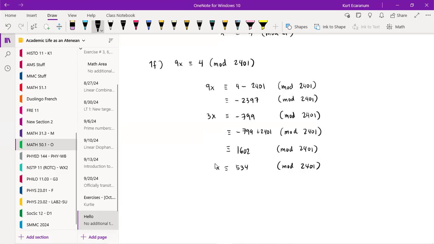And this is how you typically solve a linear congruence if you don't want the inverse. Okay? If you don't want the inverse, ayaw mong nanghuhula, gusto mo ma-witness mo siya systematically.